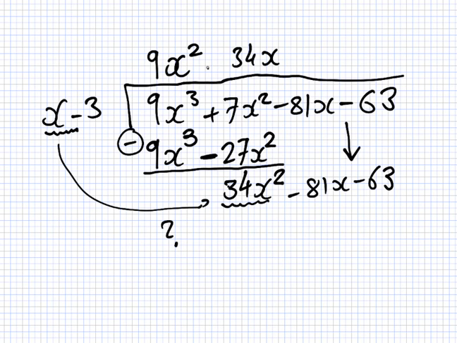Yeah. Plus. So then you get 34x squared minus 102x, I think. Let me check that. Yes. Okay. So Karar, do you know what's next?